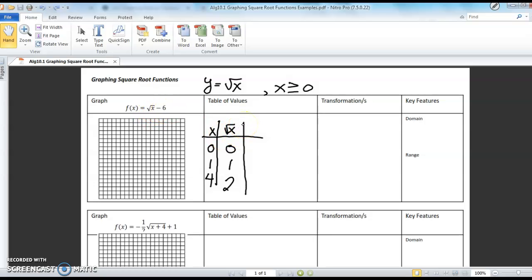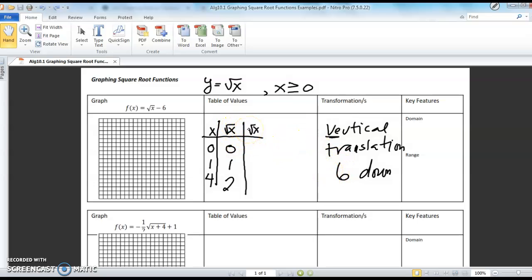But the negative 6, it's a vertical transformation, right? It's actually a vertical translation 6 down. So since it's vertical, it has to affect the y values, and these are our original y values. That means we're going to subtract 6 from our y values.